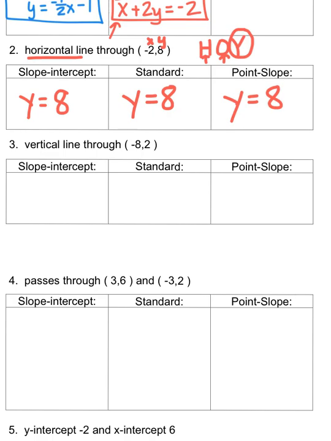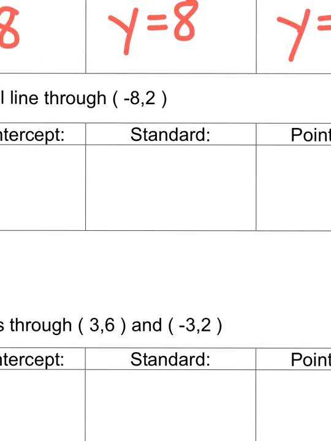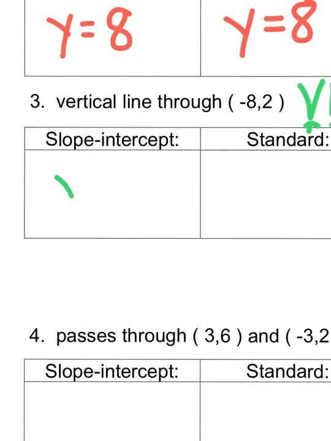That's a special case. We have another special case coming up on number 3, a vertical line through (-8, 2). So when you think vertical, I want you to think VUX, a vertical line with an undefined slope, and it's going to be an x-equals equation. Well, what does x equal?